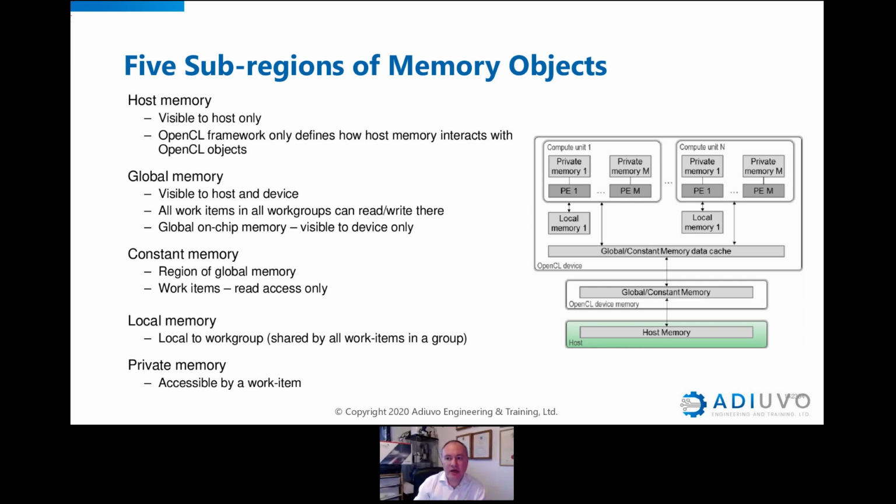And we can use this to transfer data to and from the accelerators and the kernels. We also have local memory, which is local to work groups and can be shared by elements in a work group. And then of course we've got the most private element of all, the private memory. So we have this really interesting memory structure that we need to work through as well.